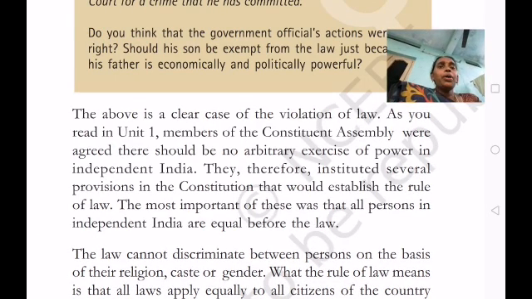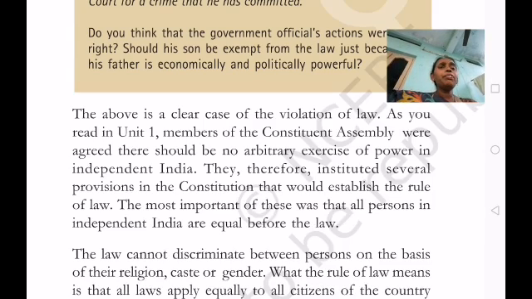The above is a clear case of violation of the law. So his son did not follow the law. For a person who is not following the law, the rule is to keep them in jail also, as you read in Unit 1. Members of the Constituent Assembly agreed there should be no arbitrary exercise of power in independent India.